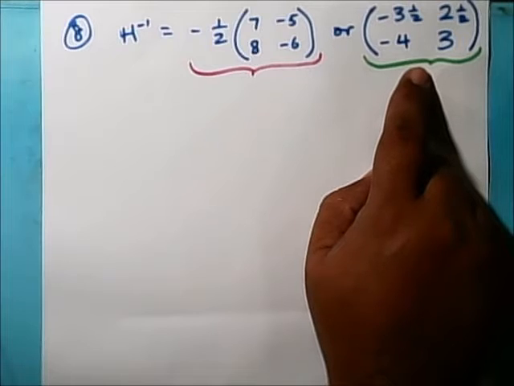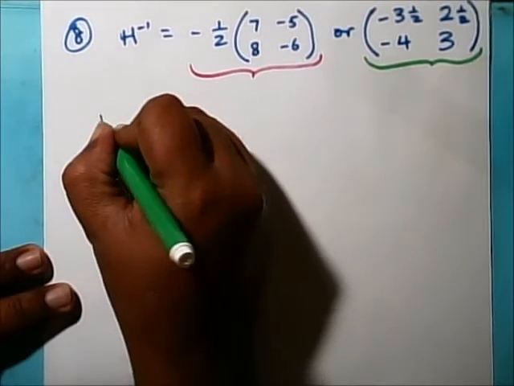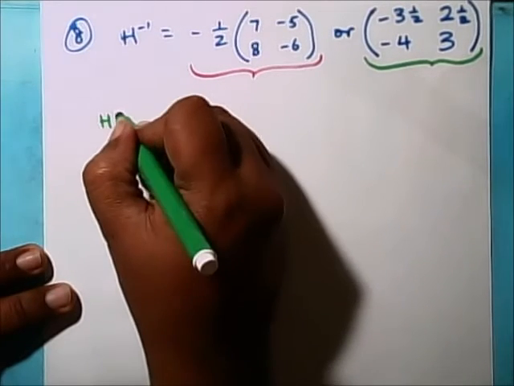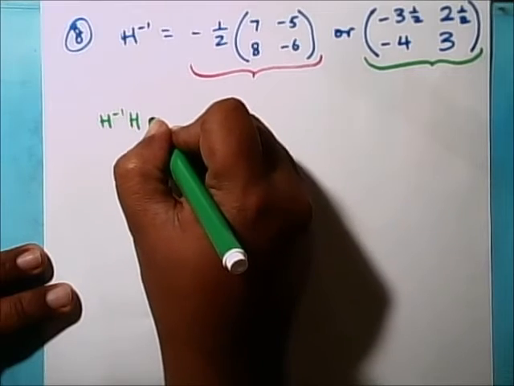Since I'm using this one, I will use a green marker to show that. We're going to multiply the H inverse by the original H matrix.